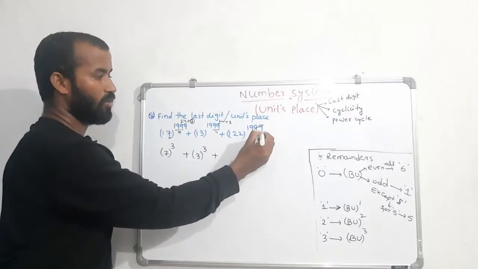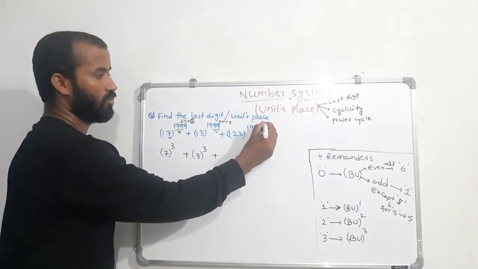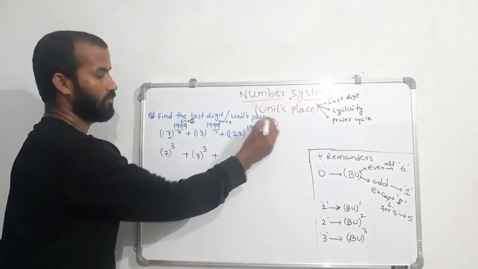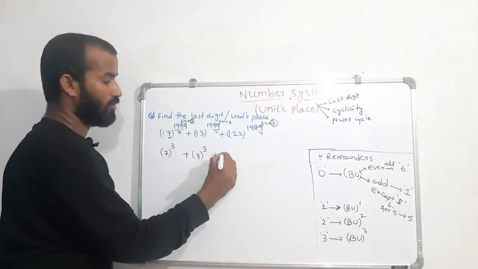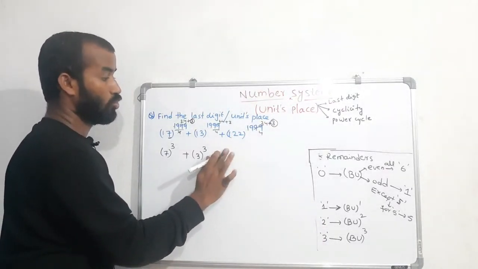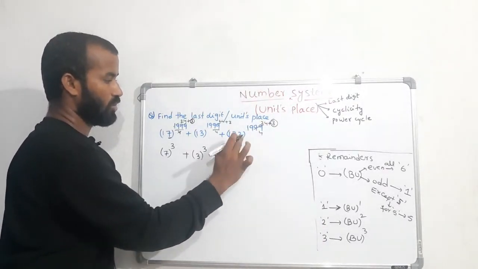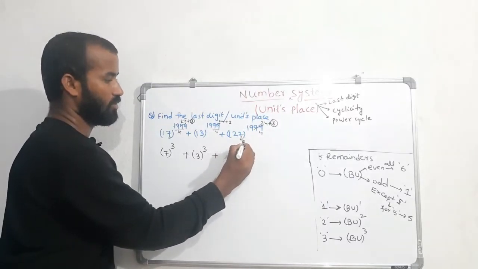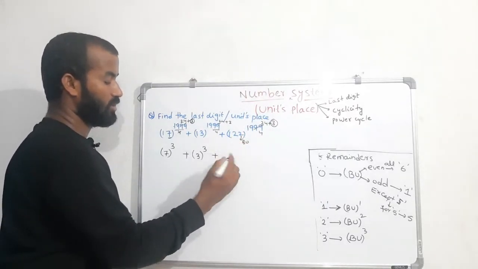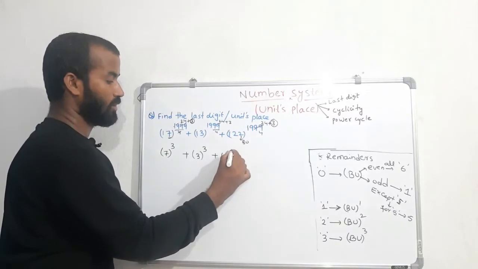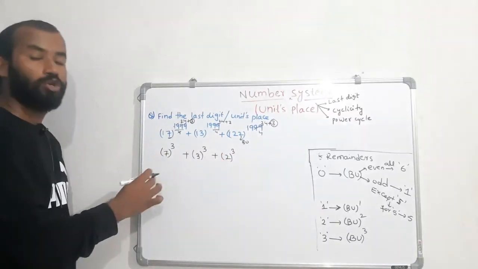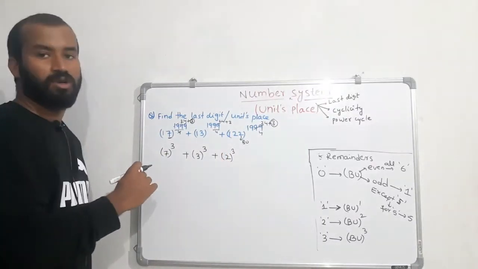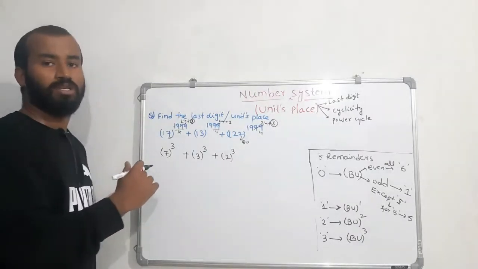If I divide with 4, I will get 24 and remainder will be 3. Okay, when remainder 3, base unit power 3, base unit is 2 here. So base unit power 3, so 2 power 3. Okay, 7 cube. 7 square is 49. 7 cube how much? 343.